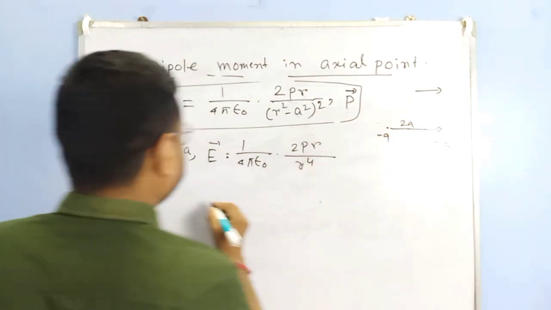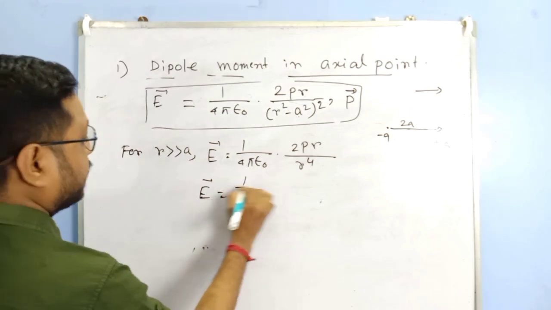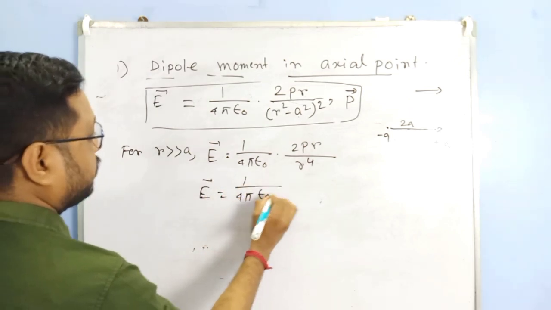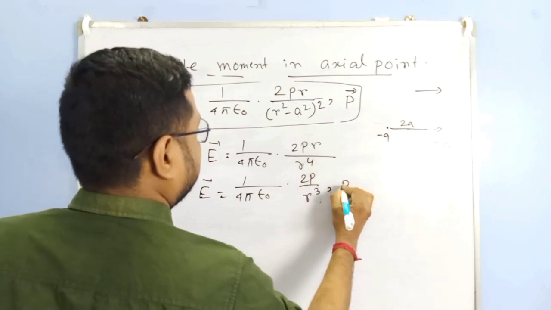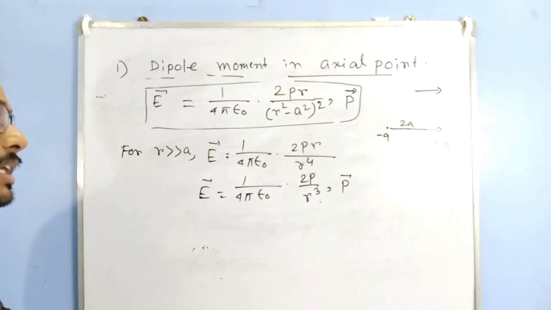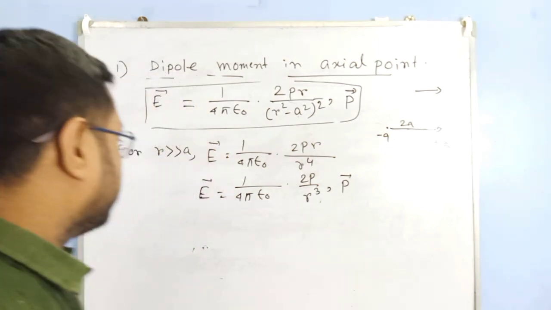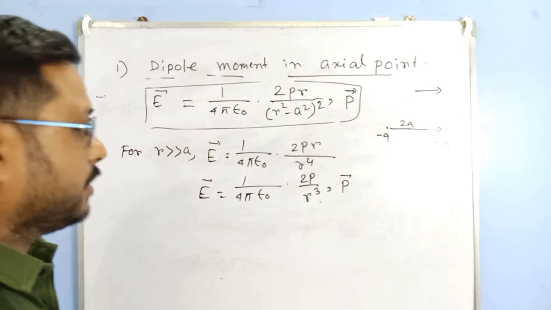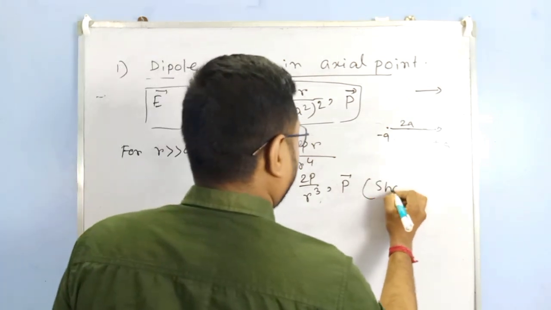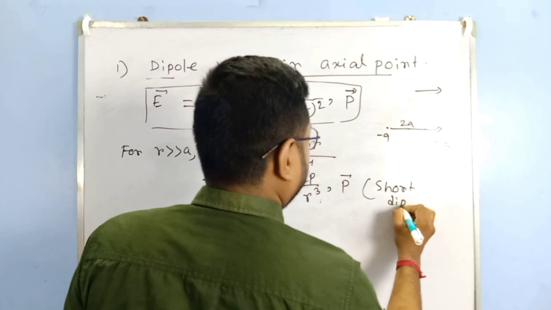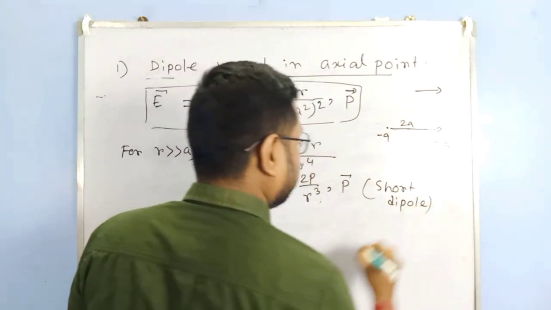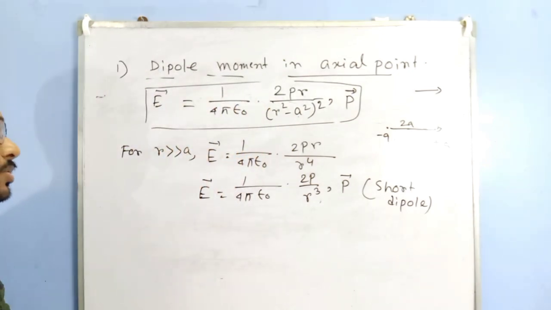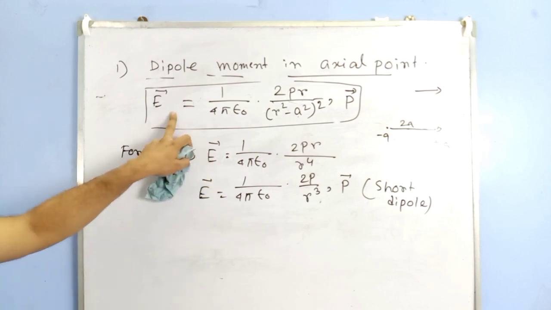Or we can get E equal to 1 by 4 pi epsilon naught 2p by r cube, and the direction is along p, that is from negative to positive charge. This is the final expression for a short dipole, when a is much less than r. This is a special case, and the earlier one is the general expression.